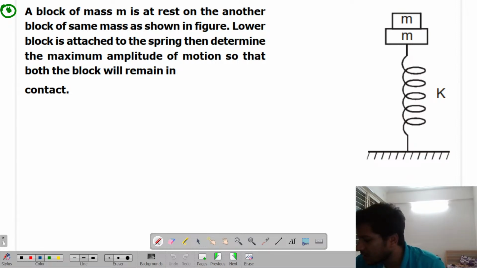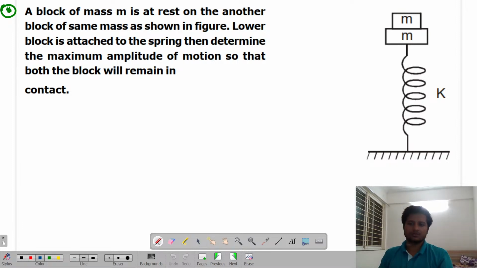Riva is asking, sir, above the natural length the acceleration of the lower block will be more than the upper block, right? Okay, tell me one thing: both of the blocks will compress the spring by how much length? This is my natural length.